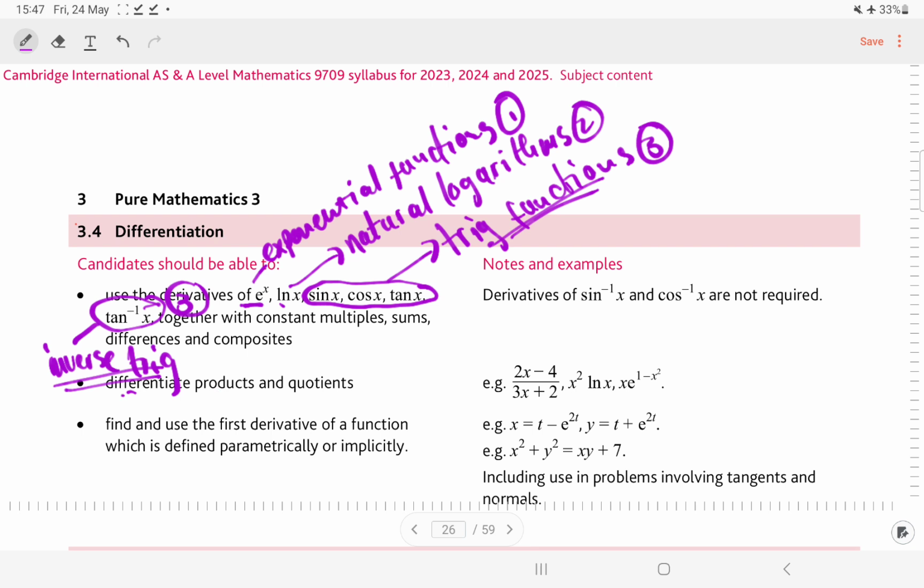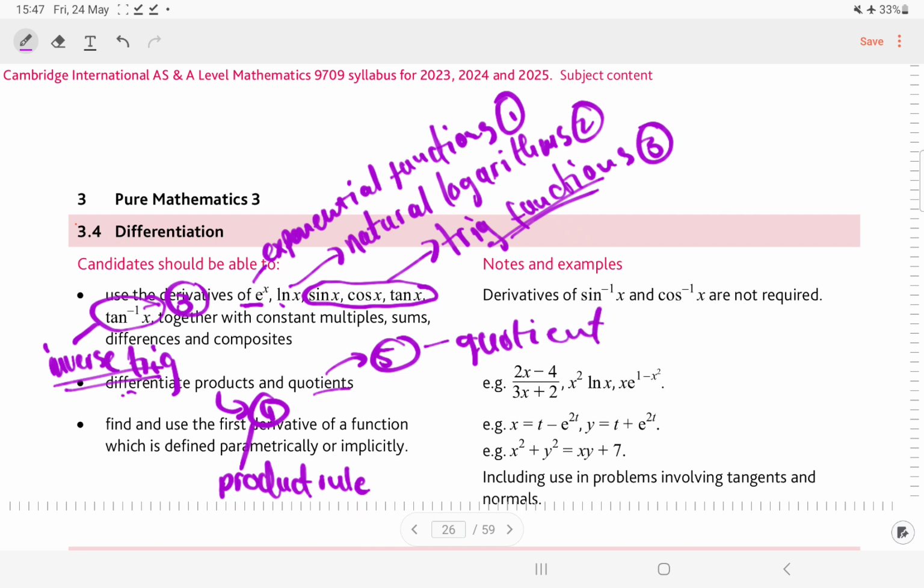Now look at number 4. It's products. Then number 5, quotients. So we're going to do the product rule for differentiation, and the quotient rule. That's going to be number 5. Then what is number 6 and number 7?